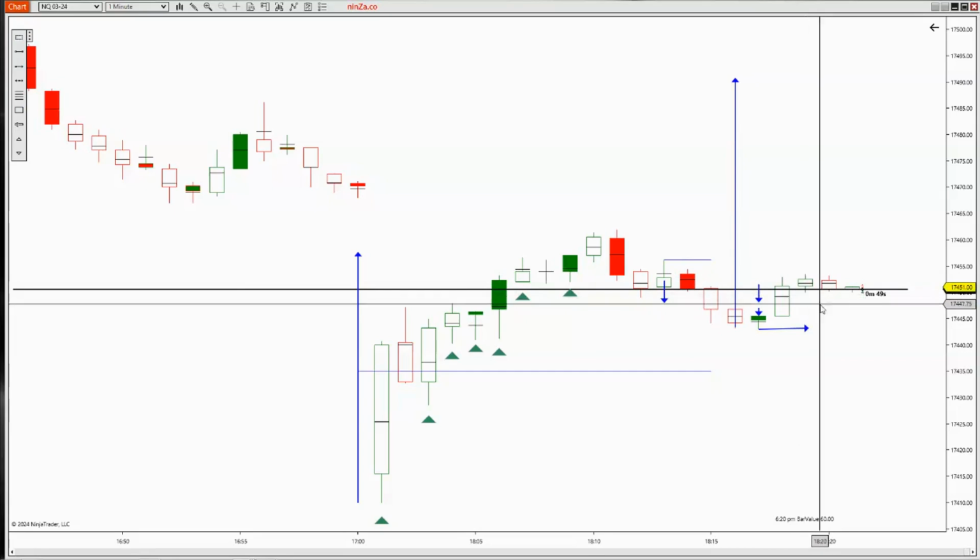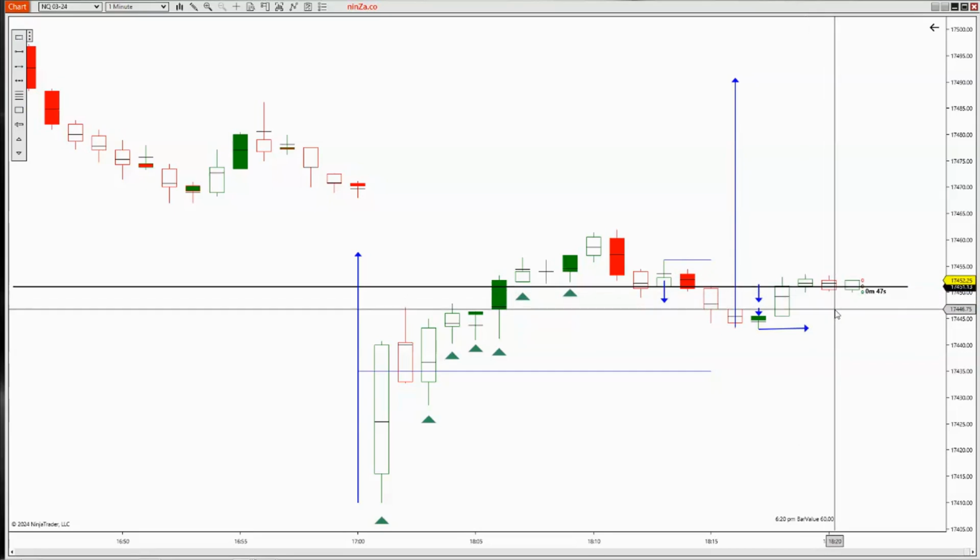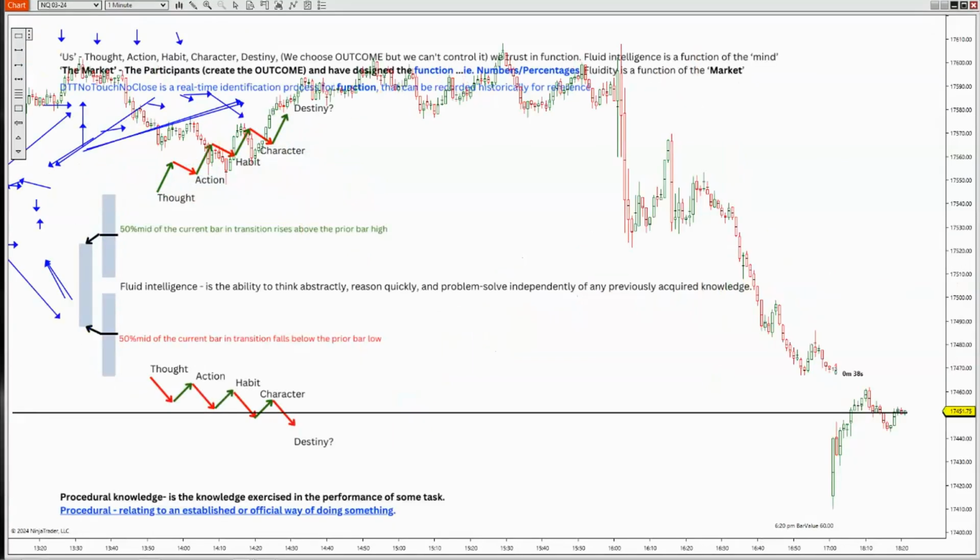All right. So I'm trying to teach you how to read the market based on fluidity. It's fluid. And in order to do that, let's go back to our prior diagram here. Fluid intelligence, this is what we're capable of. It's the ability to think abstractly, reason quickly, and problem solve independently of any previously acquired knowledge.